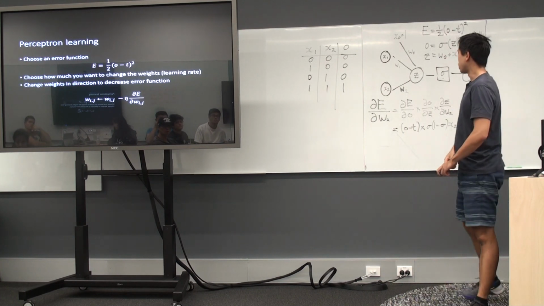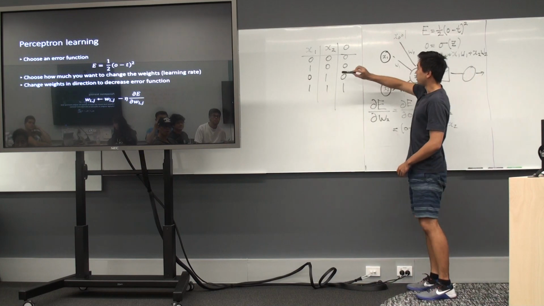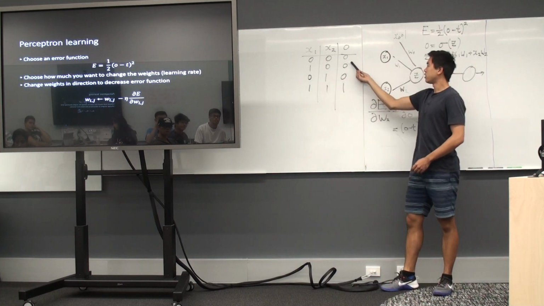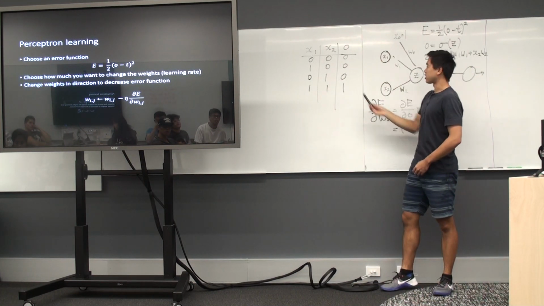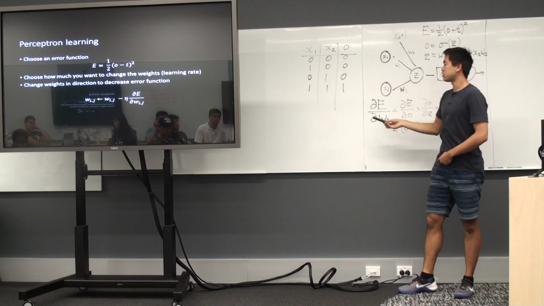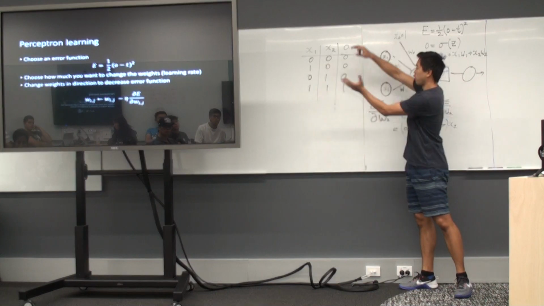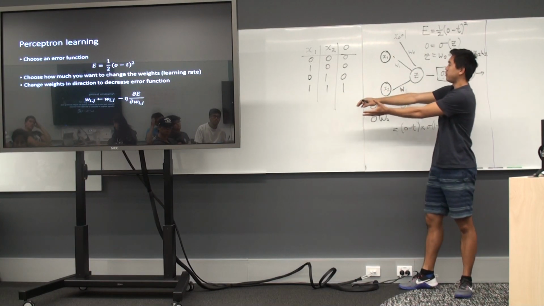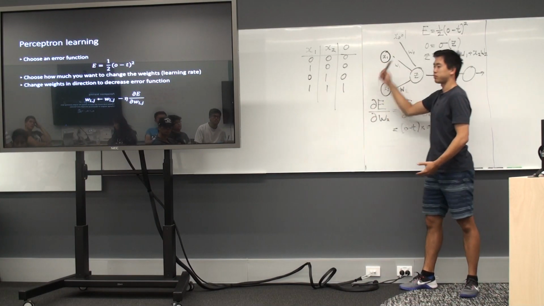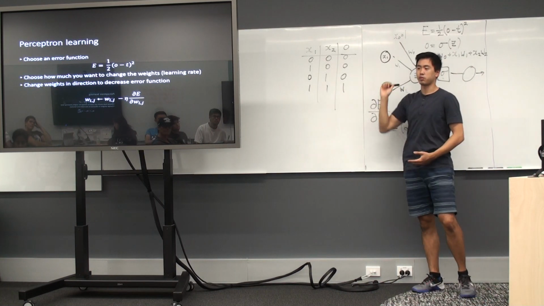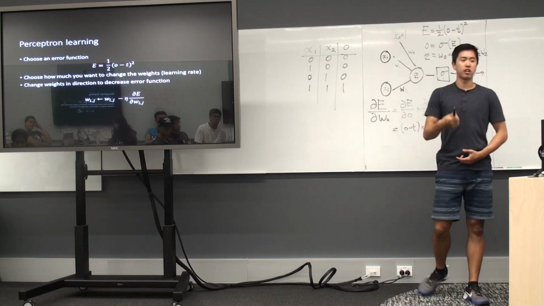Generally we'll go through this scenario and then update the weights, then go to the next one and update the weights, then the next one. Or we can look at all of them at the same time: go through all of these, then update the weights, and go through all of them again and update the weights. That's how the weights are found.